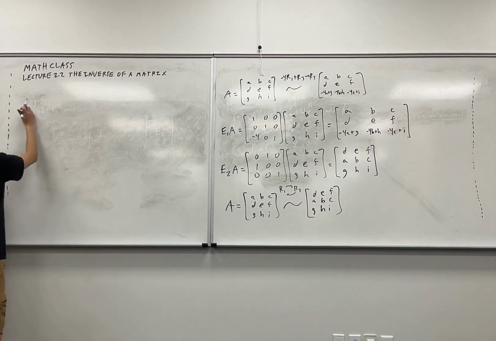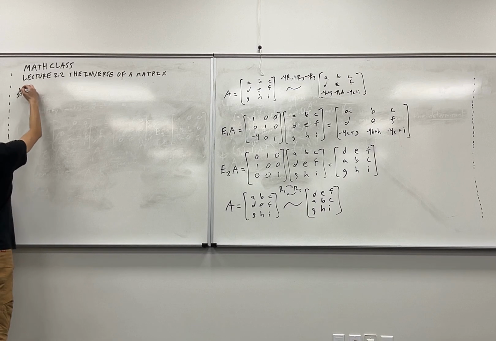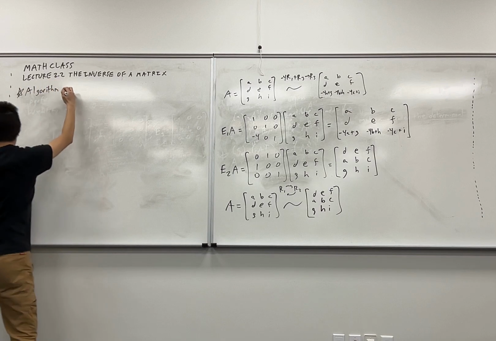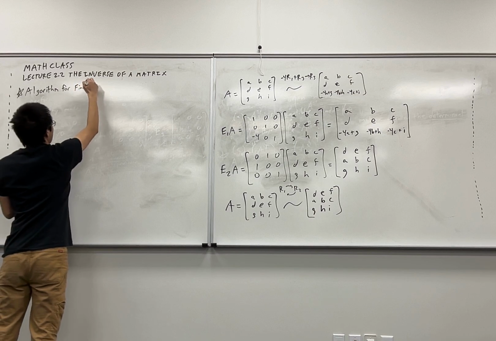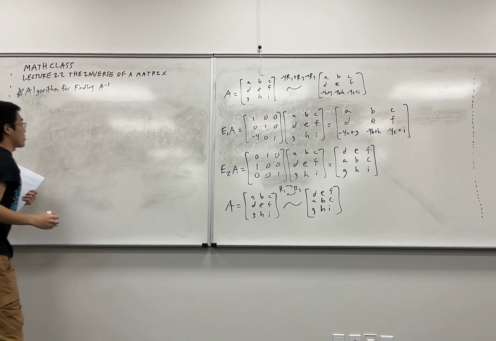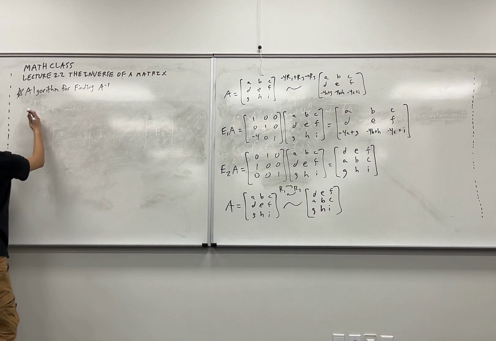Nice. Okay. So let's find... well, actually, I should write down the algorithm so that you know what the algorithm is. So, algorithm for finding your inverse. We don't care really how big this is so long as it's a square matrix.